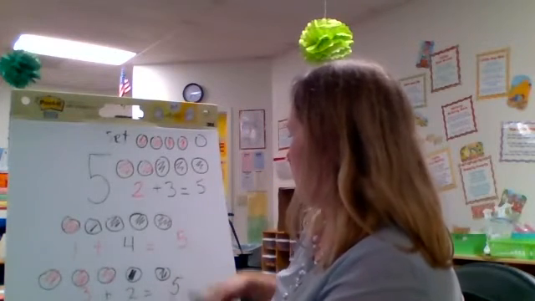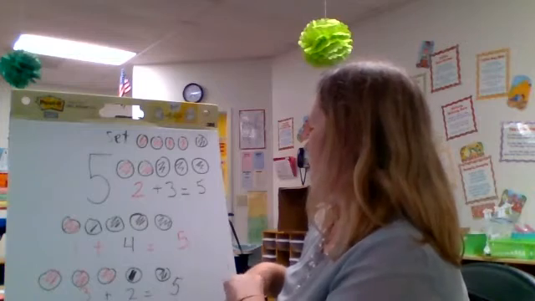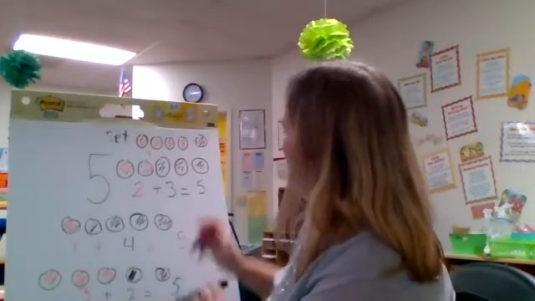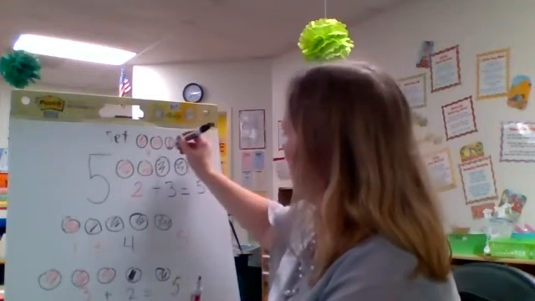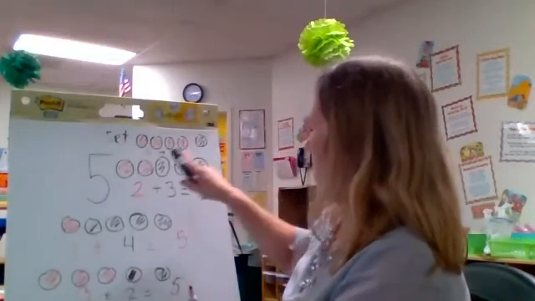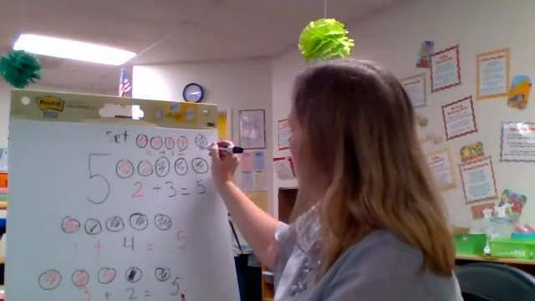And I only have 1 friend to color black. 1. So how many reds? 4. How many black? Plus 1. And how many altogether? 1, 2, 3, 4, 5.